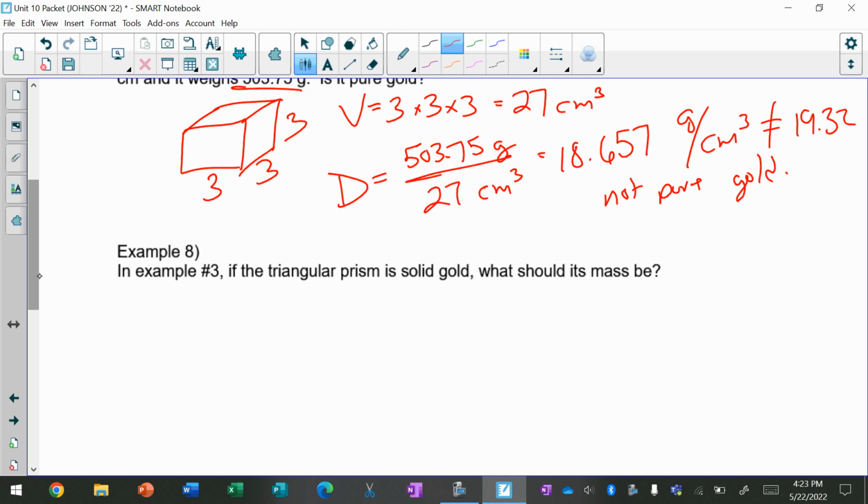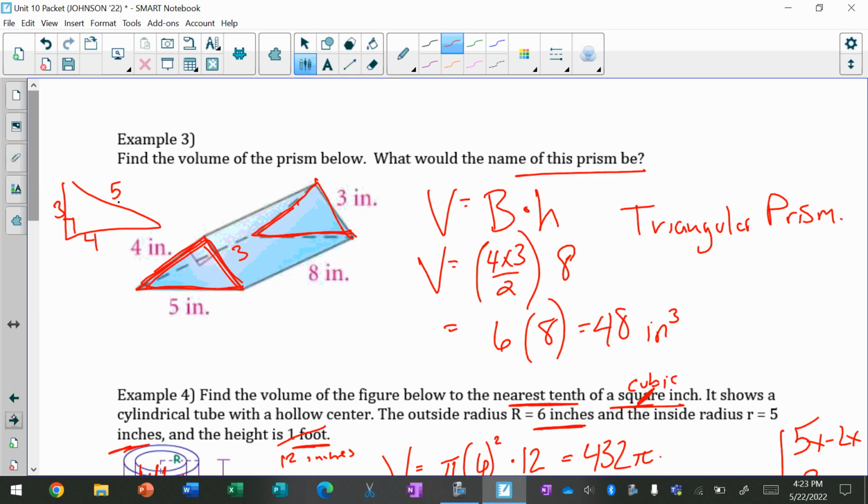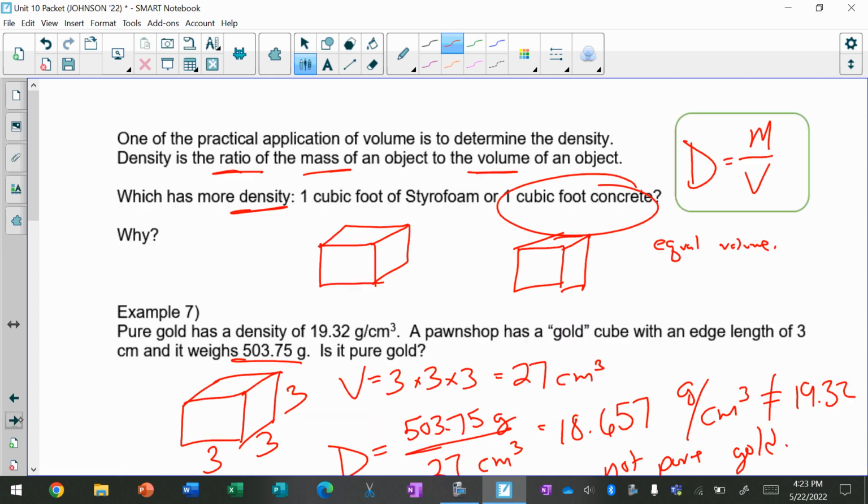In example 3, if the triangular prism is solid gold, what should its mass be? Example 3 is a triangular prism with a volume of 48 cubic inches.